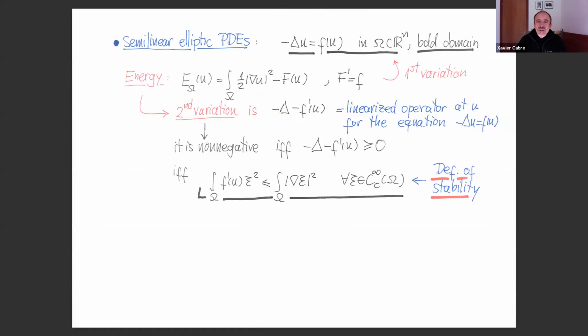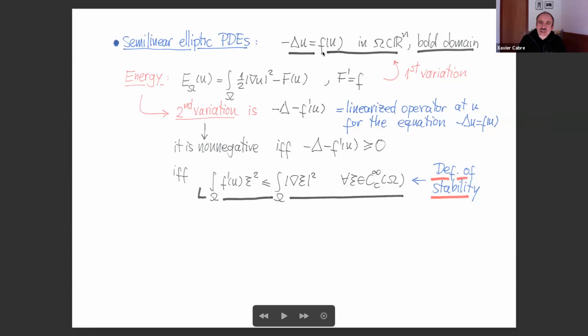Okay, everybody knows what a semilinear elliptic equation is. Here it is, the simplest one, diffusion, reaction, posed in a bounded domain Omega of R^n. We know that it is associated with an energy, kinetic energy minus potential energy, where capital F is a primitive of small f.